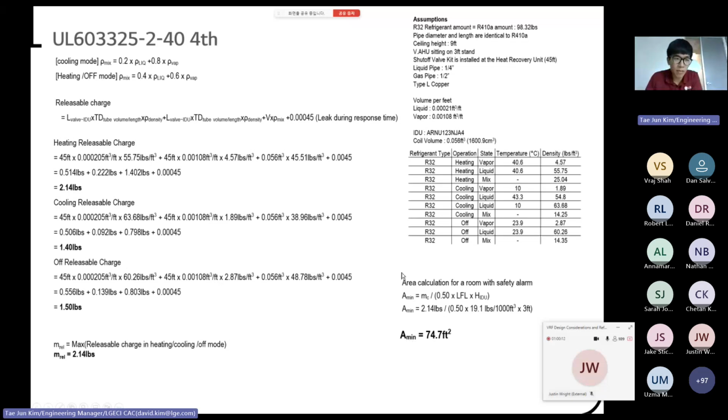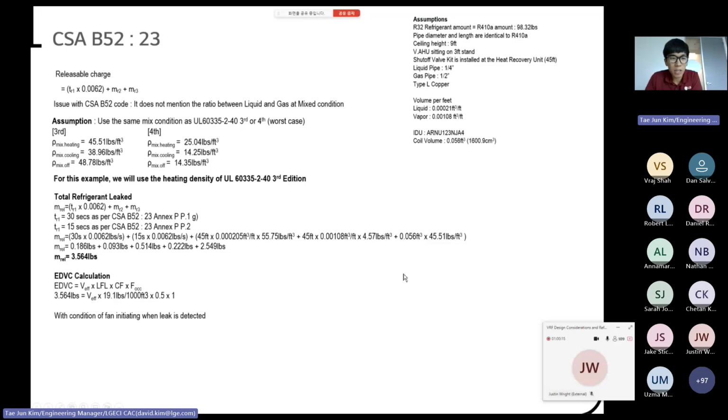Now going with the CSA B52 code, there is some issue because it doesn't really talk about the ratio of the mixed volume inside the indoor unit, because within the indoor unit there's going to be both gas and liquid. In the third and fourth edition of the UL, it specifically lays out the ratio between the liquid and the gas. Because the B52 code doesn't state that, I'm just going to use the third edition as an example because it had a higher mixed value density.